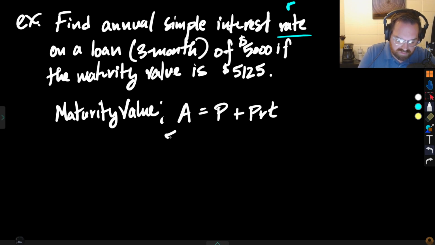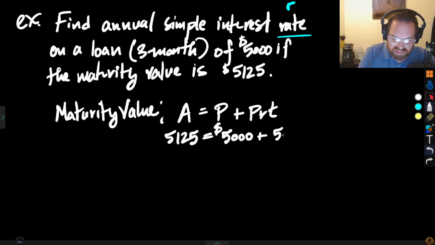The principal is $5,000, the amount initially given to me. I'm multiplying by the rate and by the time.